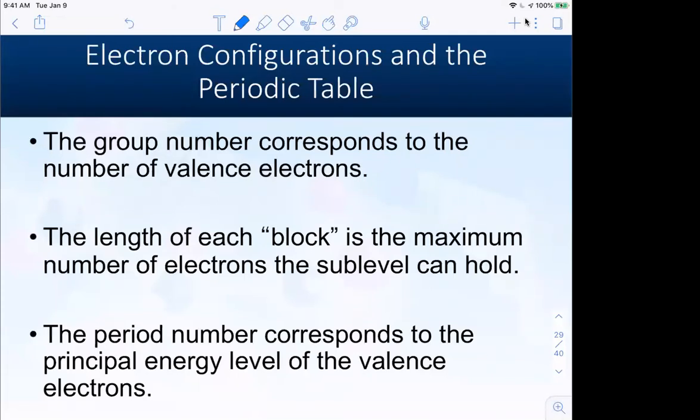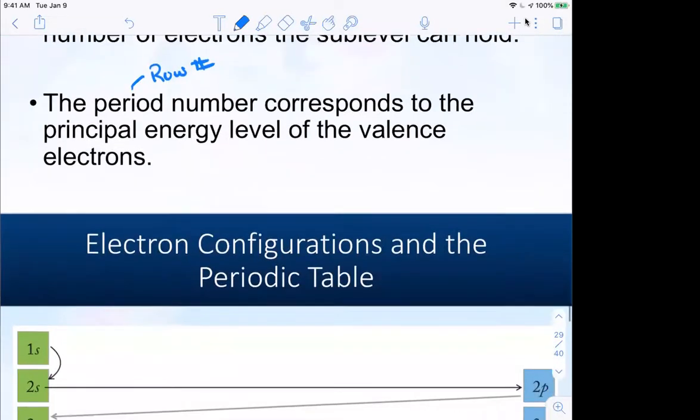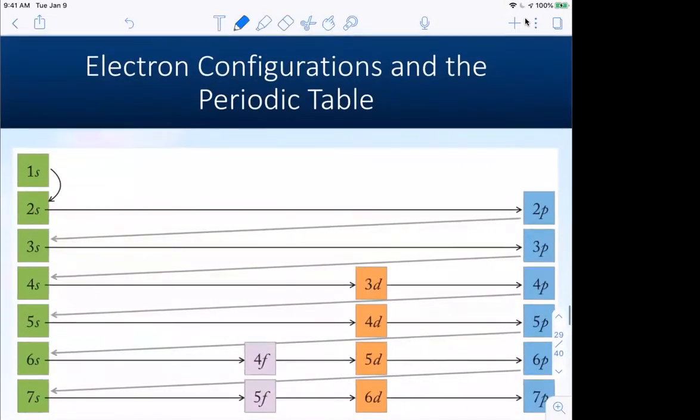So the S block can hold 2 electrons, the P block can hold 6, the D block can hold 10 because it has 5 individual orbitals. The period number, which is the row number, is going to correspond to the principal energy level of those valence electrons. Again, we're usually focusing on the S and the P.